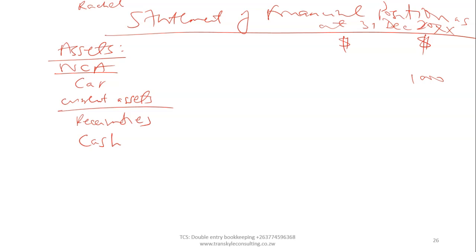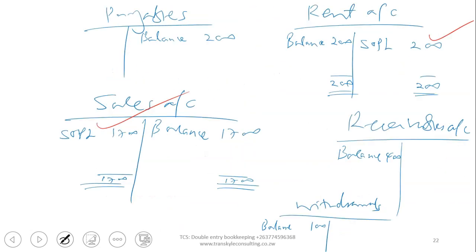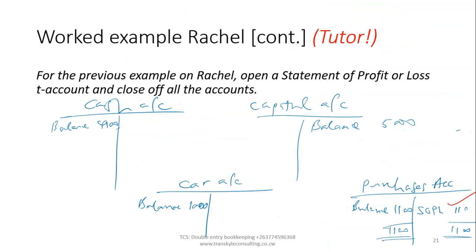Now, the receivables, we just use the amounts from the question. We are told that after balancing off everything, the receivables were 400. And what about the cash? The cash account was saying that there was 4,100. So we take those two figures.